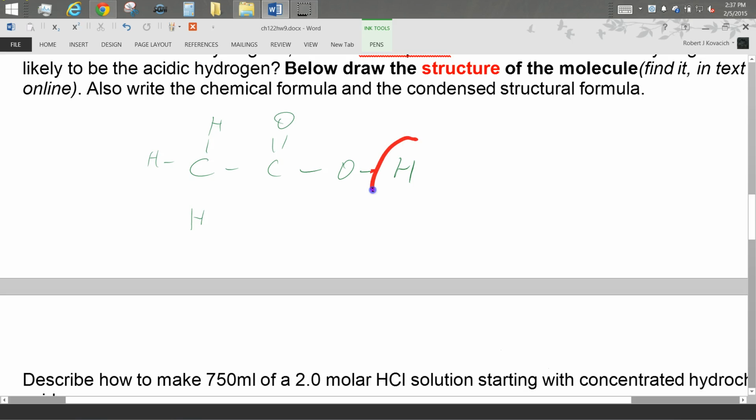Connected to the oxygen. The one connected to the oxygen for sure. Another way you can think about it is which one of these is not like the other. So if it was one of those ones on the left, which one would you pick? There isn't anything to pick, so you can't pick any single one of them.